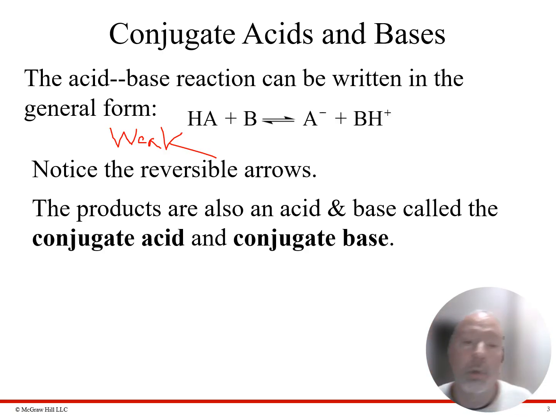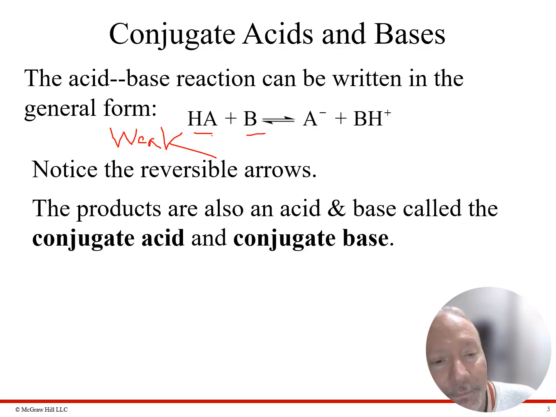You have reactants and products. We would need some kind of equilibrium constant to figure out which side dominates, which side has more concentration, the reactants or the product side. But the products have special names that we haven't talked about, and they are called conjugate acids and conjugate bases. Every weak acid or weak base is going to have a conjugate acid and a conjugate base. In this case, we can see that this is the acid and this is the base.